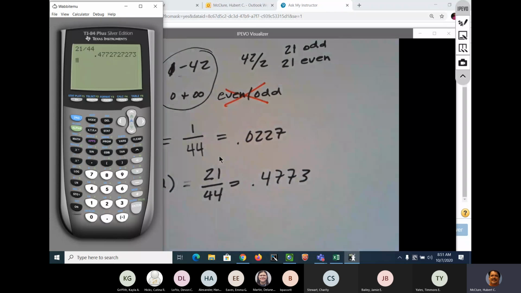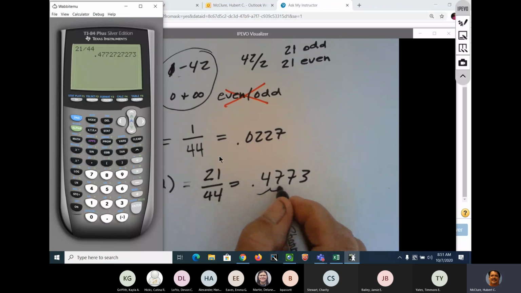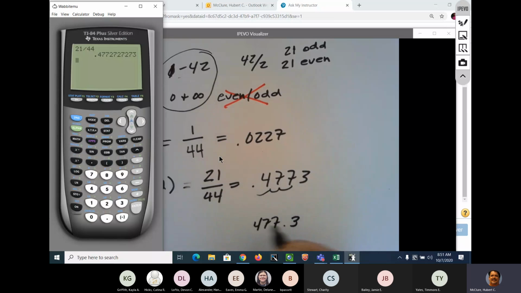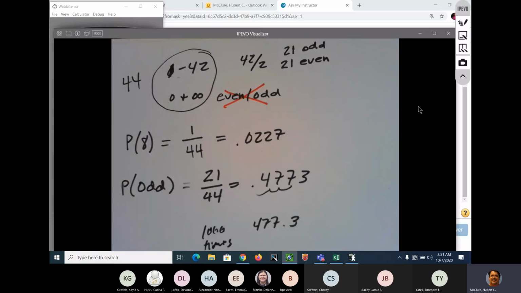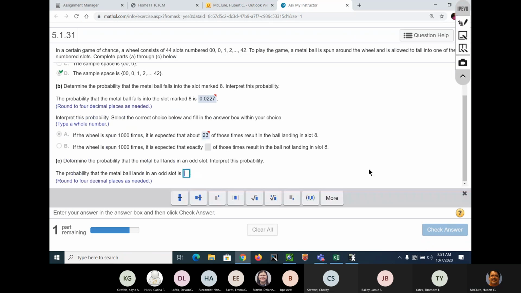And what if you spin it 1,000 times? Then that means 477.3 if you spin it 1,000 times, if it asks that. So go back, 0.4773.